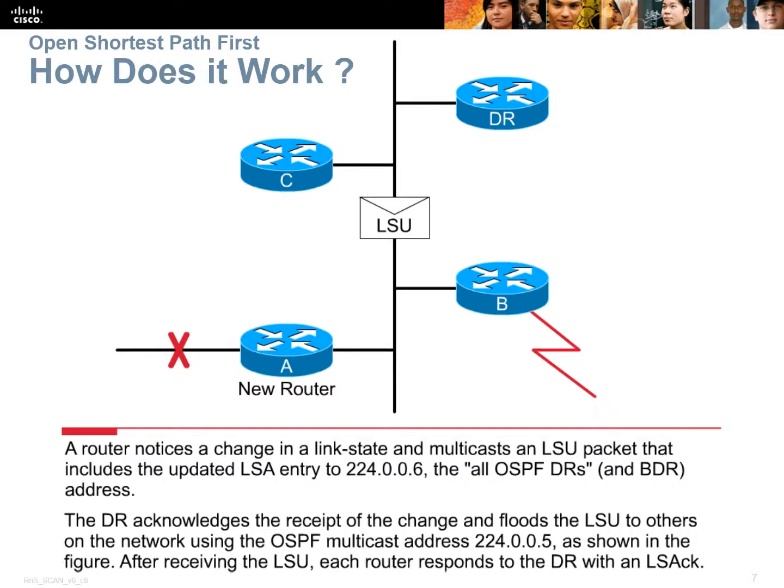This message from the DR to everyone else is sent on 224.0.0.5. That's very important because there are two multicast addresses that OSPF uses. And in this example, router B has a responsibility of forwarding that update on to the next guy.